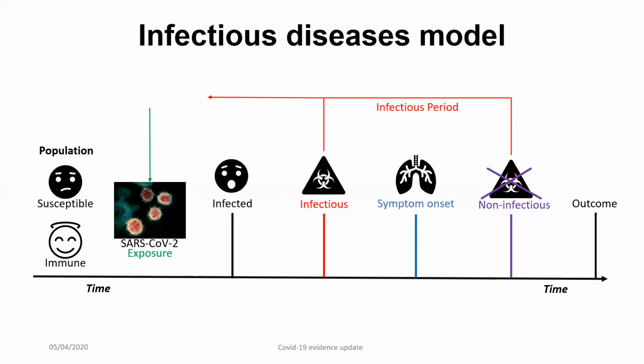Once infected, there is usually a period of time before they become infectious and can transmit the microbe to another person. The time between being infected and becoming infectious is the latent period. The time between becoming infected and developing symptoms of the disease is the incubation period. And the infectious period is the total time during which an infected person can transmit the infection to a susceptible person.